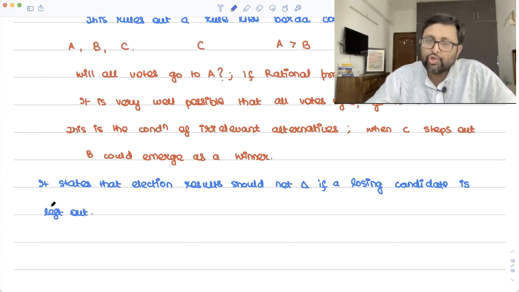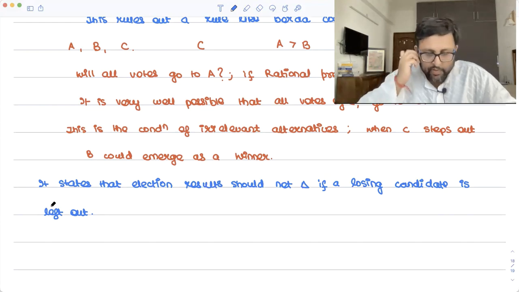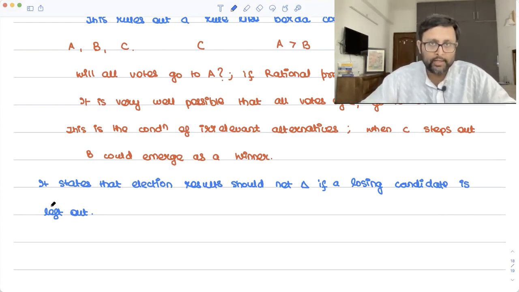So to check whether this independence of irrelevant alternatives is violated or not, what you should see is that you first of all find out the old election results.